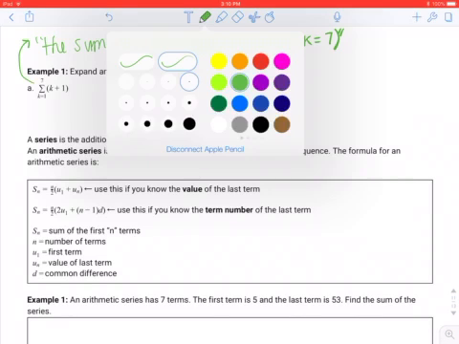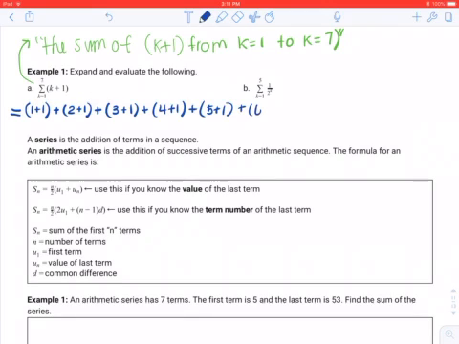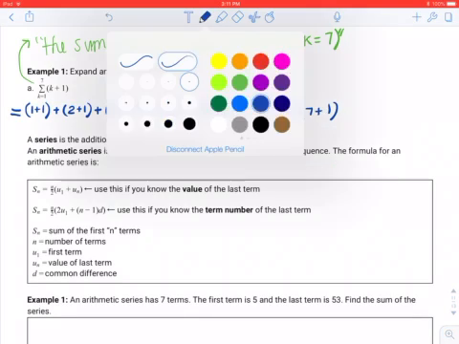The way we can work this out is that we take our k values 1 through 7, plug them in sequentially, and then add all of our terms together. My first term is k equals 1, 1 plus 1, plus my k value is now 2, 2 plus 1, plus 3 plus 1, plus 4 plus 1, plus 5 plus 1, plus 6 plus 1, all the way up to 7 plus 1.